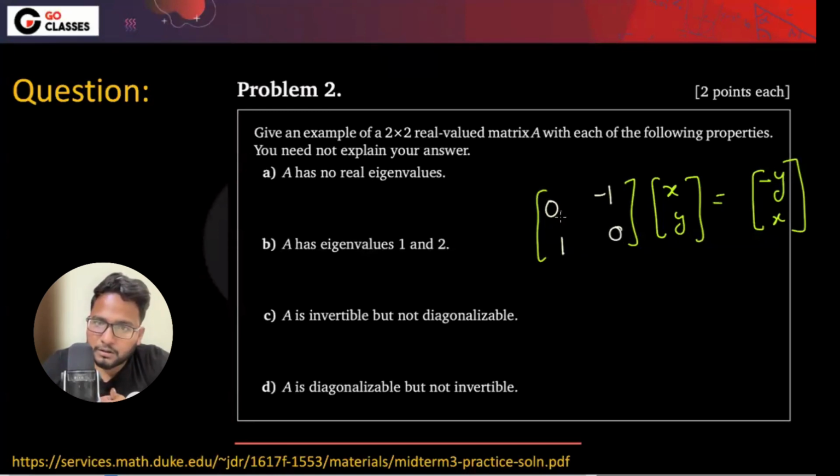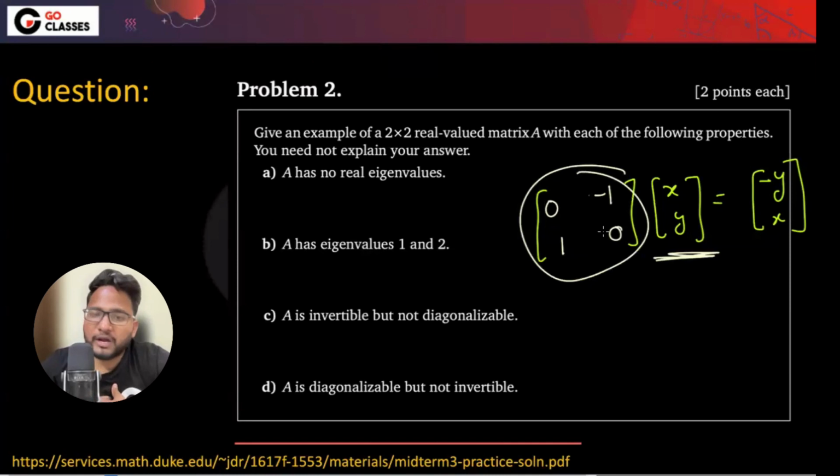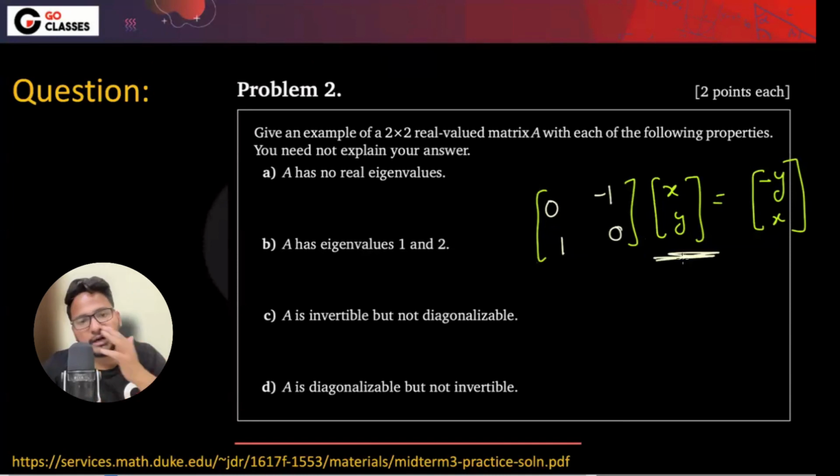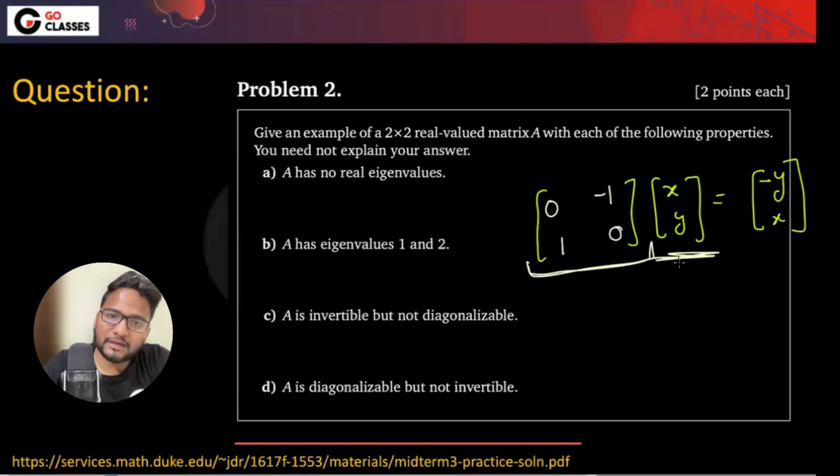So basically, if you multiply this matrix by this particular (x, y), then it is always rotating it, because the dot product of these two is 0. It means both are perpendicular to each other. So this matrix is always rotating by some angle. Here it seems like 90 degrees, but that's fine. In that case, can there be a real eigenvector?